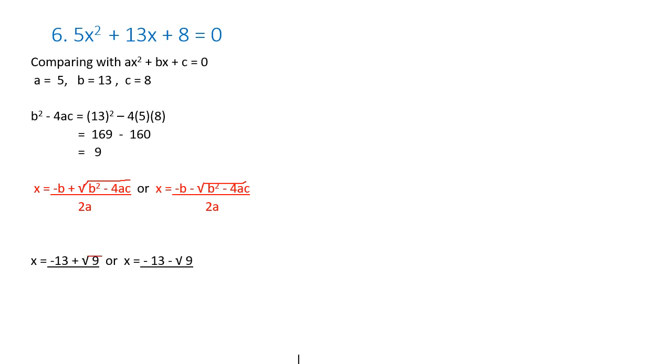Now, root of 9, all of you know that root of 9 is 3. So this will become minus 13 plus 3 and minus 13 minus 3, and this is 5 into 2, which is 10. So plus into minus is minus: 13 minus 3 is 10 and the sign of the bigger number.